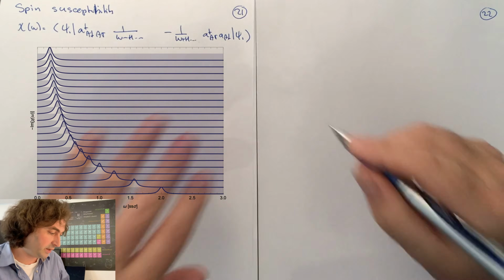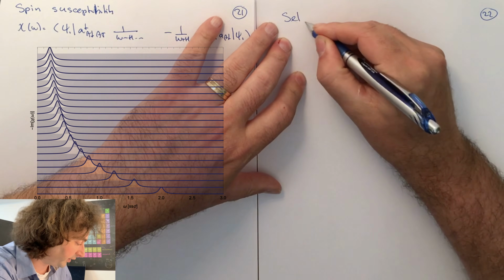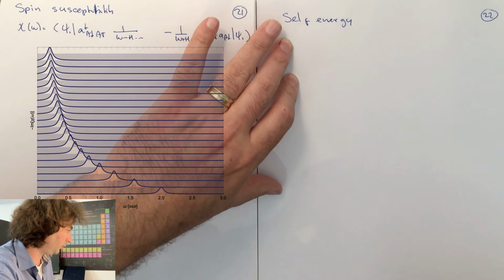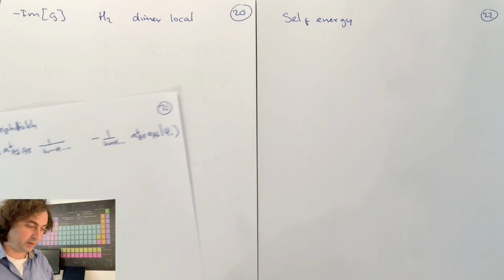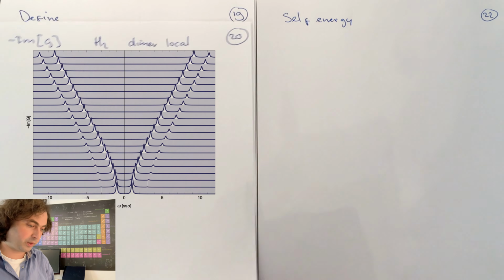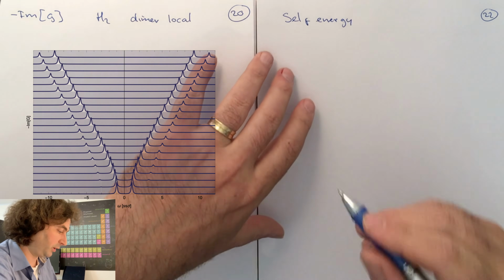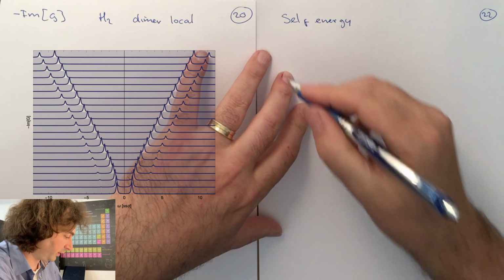Now, last but not least, let's have a look at the self-energy of our system. And for that, I want to go back to the one-particle excitation spectrum, or the one-particle Green's function, because it's for this that I want to define the self-energy.